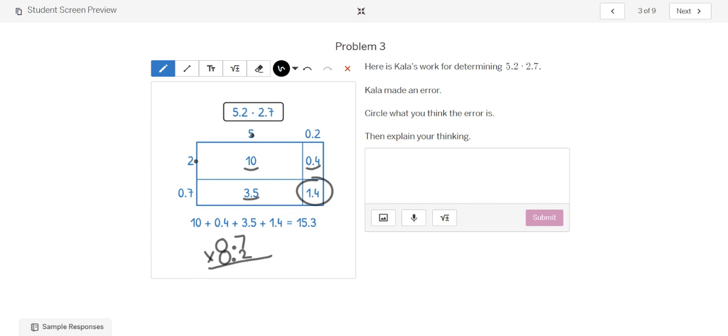When you multiply that out, you have 2 decimal places in the question, so you have to have 2 decimal places in the answer. 7 times 2 definitely is 14, but then the decimal point should be over there. It should be 0.14. So I go to my keyboard and type 0.2 times 0.7 equals 0.14, 14 hundredths, not 1 and 4 tenths.